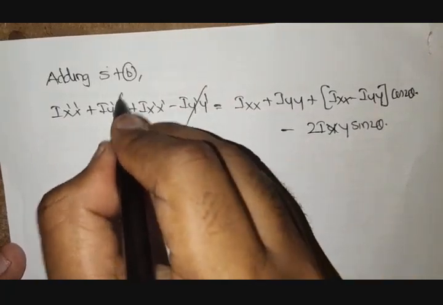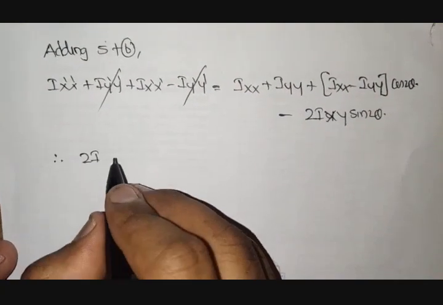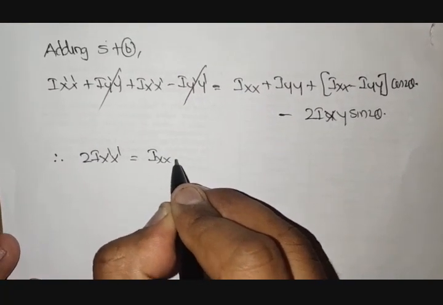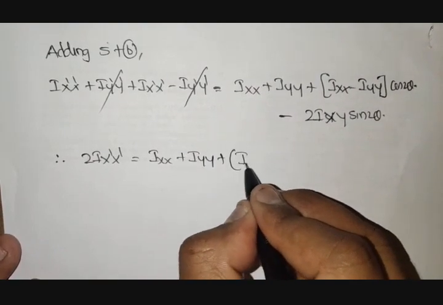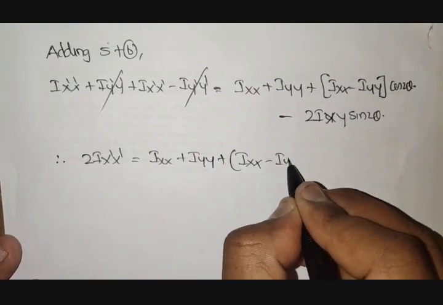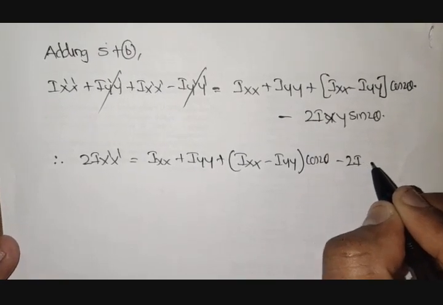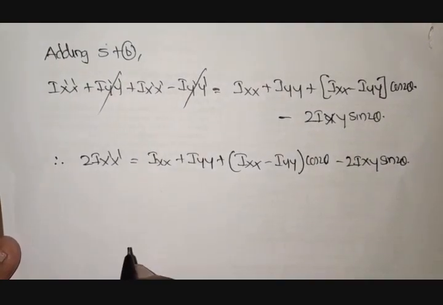So here Iy' will get cancelled out. Therefore 2Ix' is equal to Ixx plus Iyy plus (Ixx minus Iyy) into cos 2 theta minus 2Ixy into sin 2 theta.